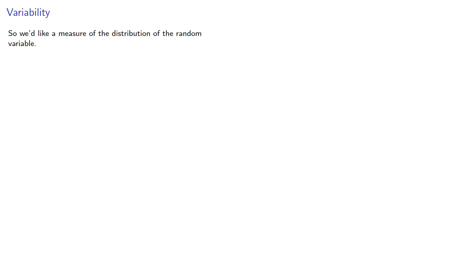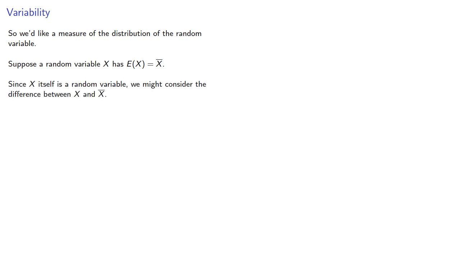So we'd like a measure of the distribution of the random variable. So suppose a random variable x has an expected value. Since x is itself a random variable, we might consider the difference between x and the mean. In other words, what's the expected value of that difference? So we can use our properties of expected value.